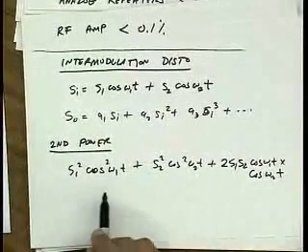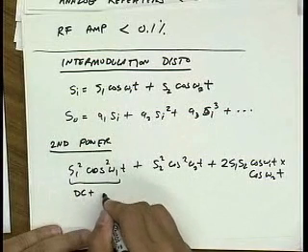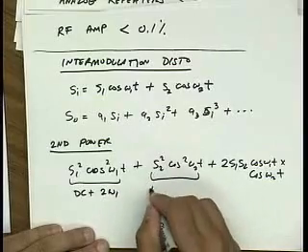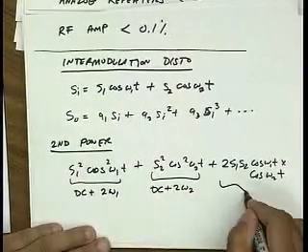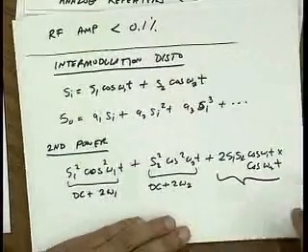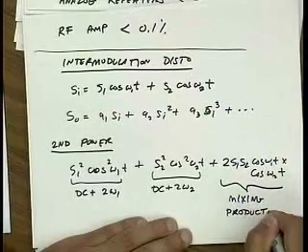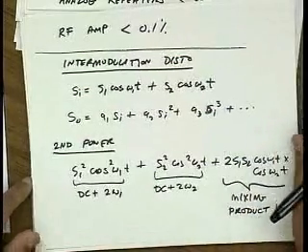Now these first 2 terms we've already seen. This will generate DC plus 2 omega 1. That's the second harmonic. This will also generate DC plus 2 omega 2. The interesting term here is this term. This is a mixing product. And this is something new that we didn't see before when we just put in one tone.